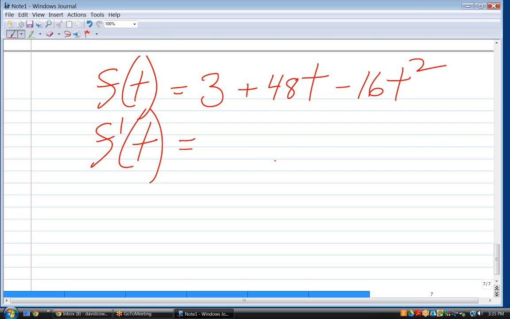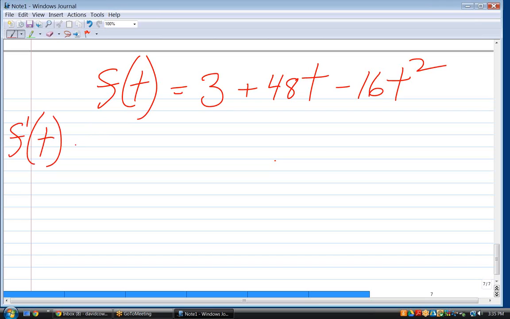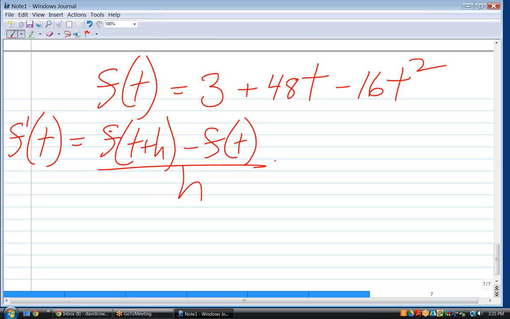So, like I said, there's the easy way and the hard way to come up with the first derivative. I presume they have not taught you the power rule yet. I don't think so. Okay. So what we want to do is f of t plus h minus f of t all over h, and take the limit of that as h goes to 0.